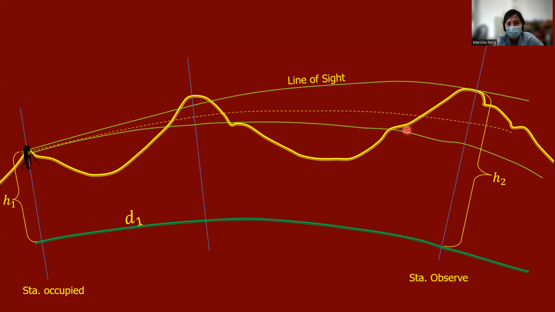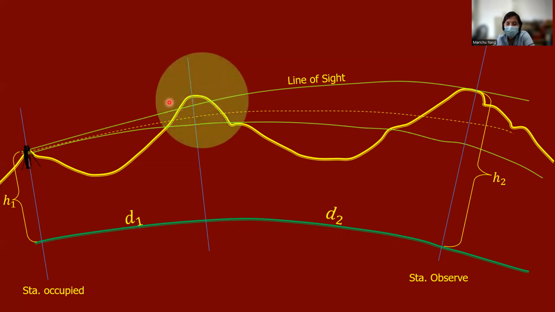Okay. Another element, we have D1. D1 will be our distance from the station occupied to the obstruction. And then D2, ito yung distance from the station observed hanggang doon sa obstruction. Okay, so if we add D1 and D2, let's say that is D3.